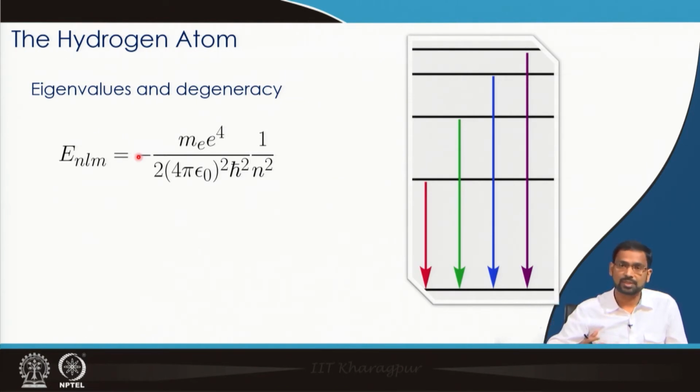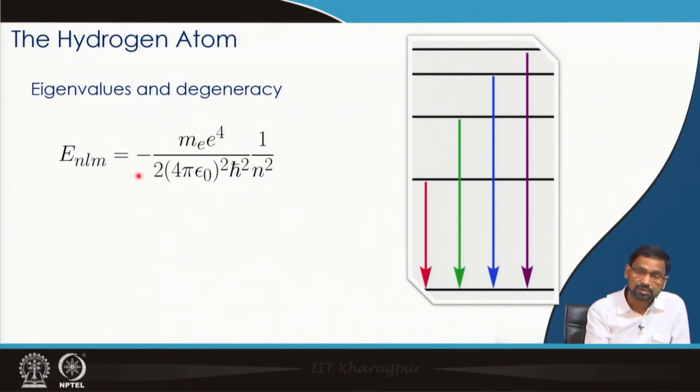In that case, when n is extremely large, n goes to infinity, this energy would turn out to be 0. So that is the situation of the ionized state, where the energy levels will be extremely close to each other, and we will enter the continuous range of energies. But for the stable states, the energy levels are discrete, they are well separated, they take certain values: minus 13.6 electron volt multiplied by 1 over n square.